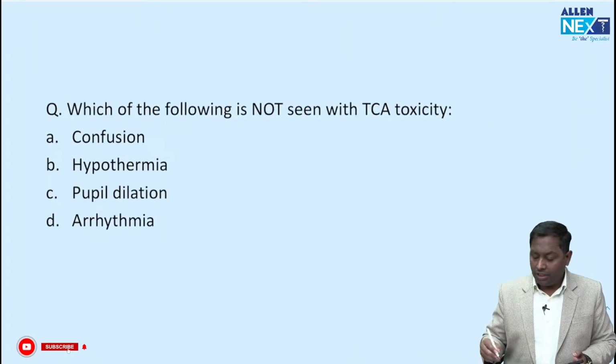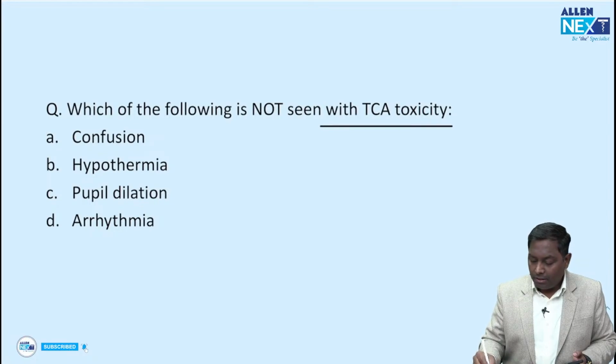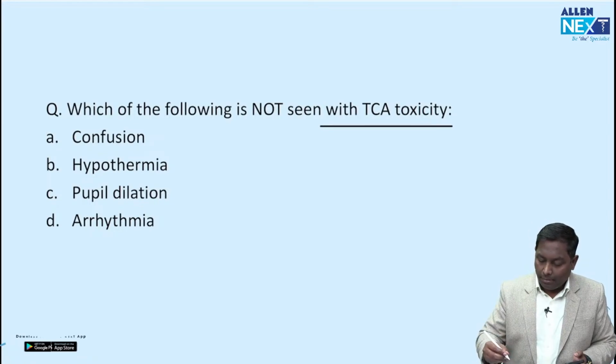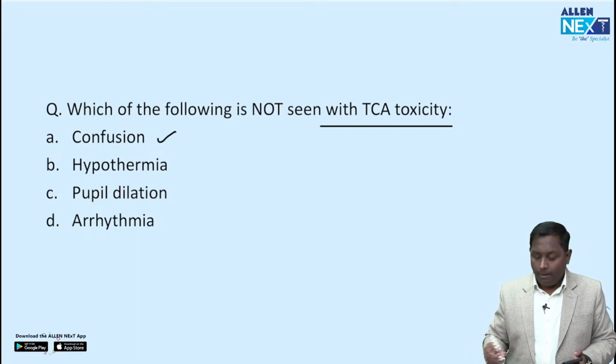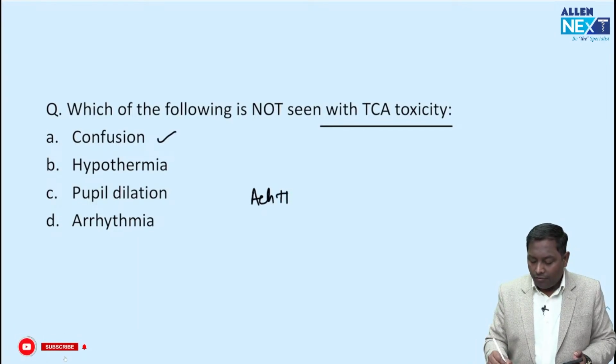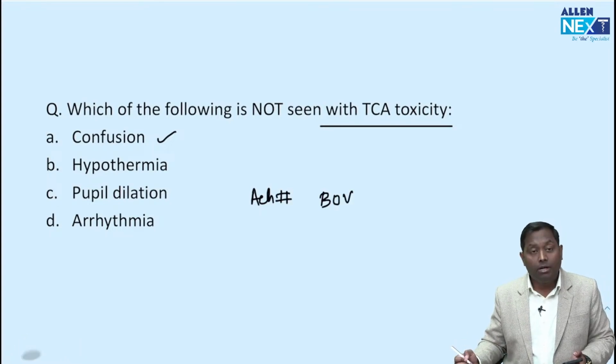Which of the following is not seen with TCA toxicity? TCA: amitriptyline, imipramine, trimipramine, right? In TCA toxicity there will be confusion. They have anticholinergic effect, because of that there will be blurring of vision as well, so pupillary dilatation can lead to blurring of vision.